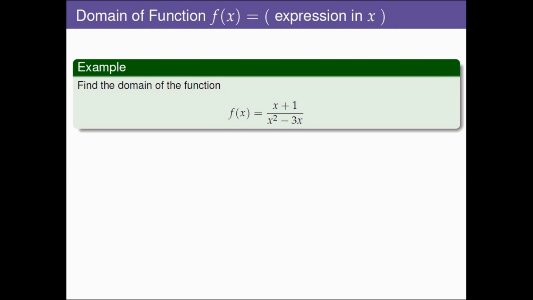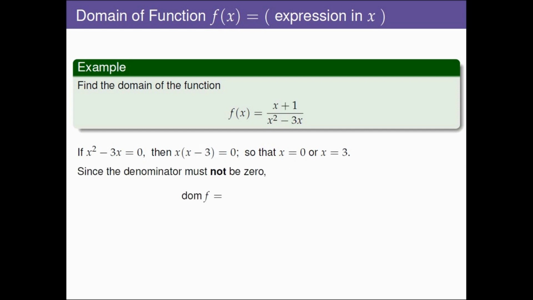Find the domain of the function f of x equals x plus 1 over x squared minus 3x. If x squared minus 3x equals 0, then x times x minus 3 equals 0. So x equals 0 or x equals 3.